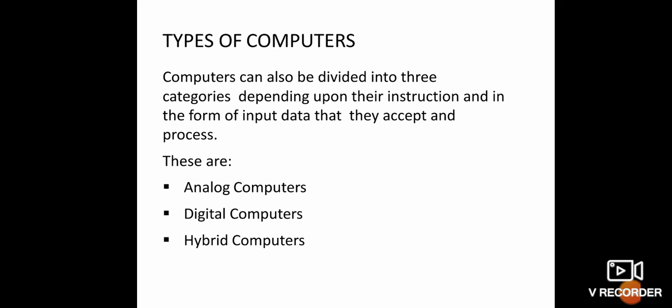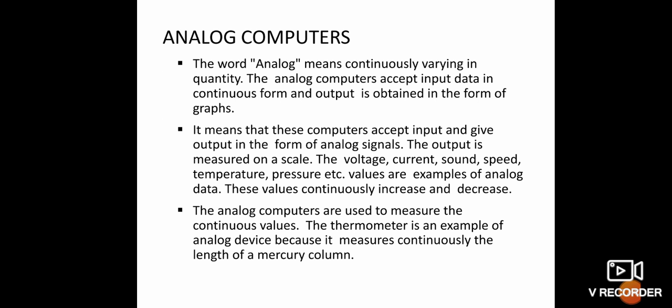Then the types of computers. The main categories of computers are analog, digital and hybrid. What is analog? Analog means a continuously varying quantity. The analog computer accepts the input data in analog form, that is in continuous form, and the output is obtained in the form of a graph.